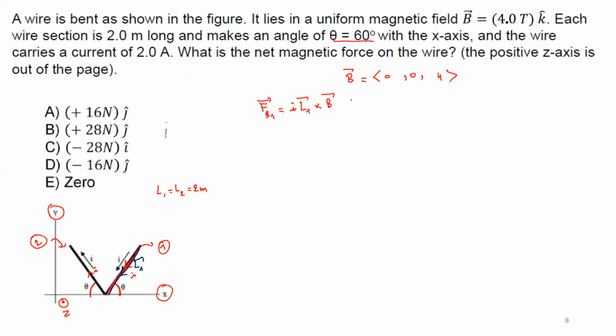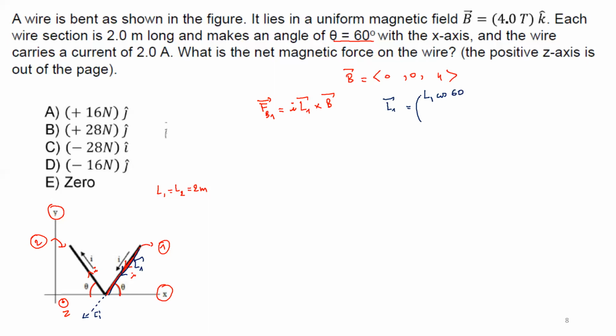So let's get the components of L1. So L1, you see here, is continuing here. This is L1. So how to get the X component of L1? Of course, the X component of L1 will be the magnitude of L1 times cosine of the angle, which is 60 degrees.